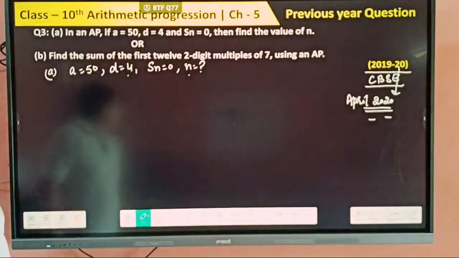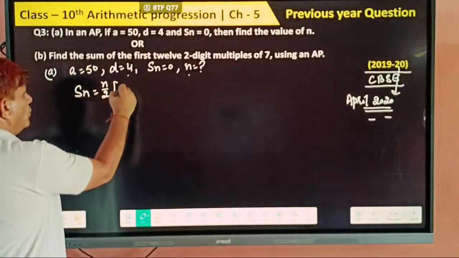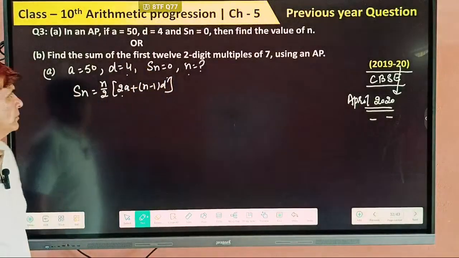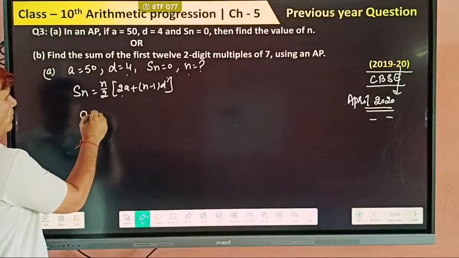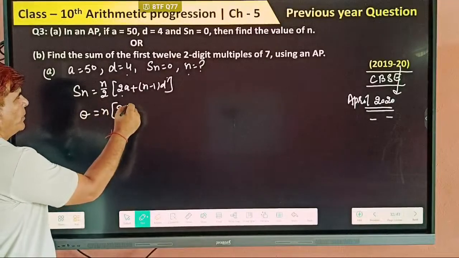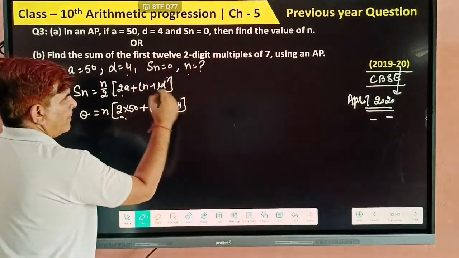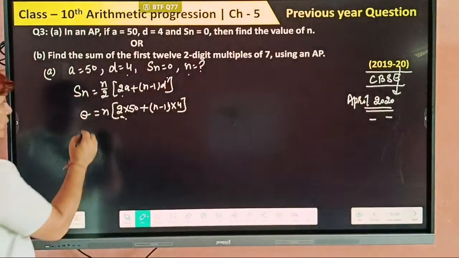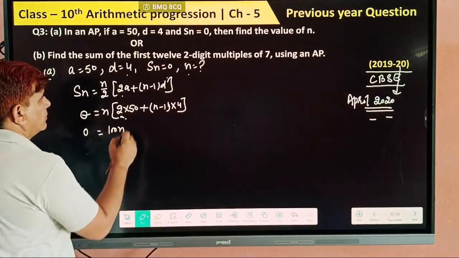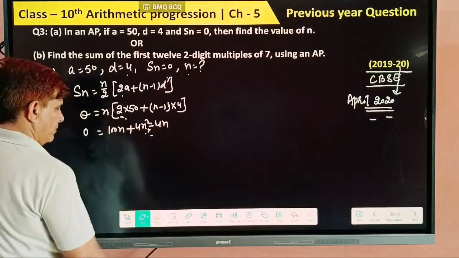So we can directly apply the formula. We know the formula: Sn equals n by 2 into 2a plus n minus 1 into d. Sn is 0, so taking this to this side it becomes 0. n by 2 into 2 into 50 plus n minus 1 into 4. Solve it, it becomes a quadratic equation: 0 equals 100n plus 4n square minus 4n.